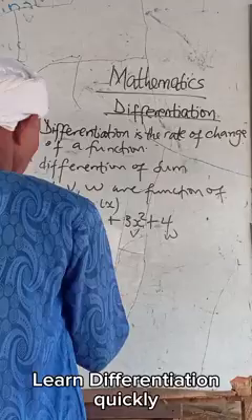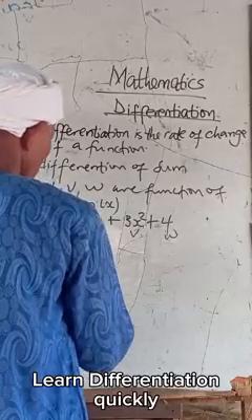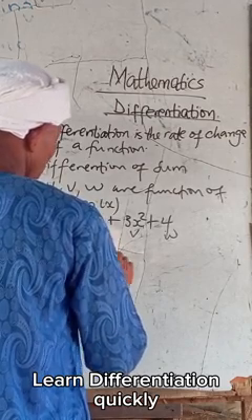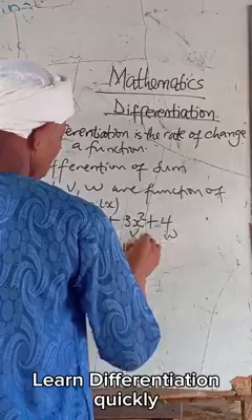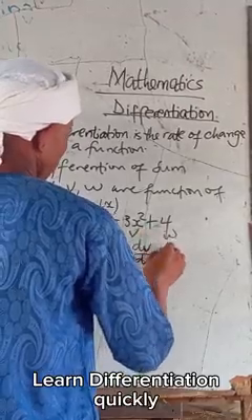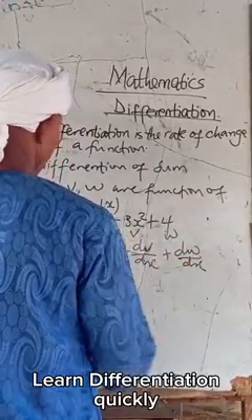Now we have our dy dx is equal to du over dx plus dv over dx plus dw over dx.